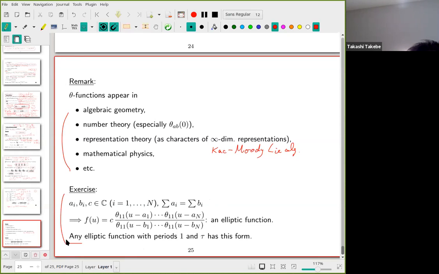Actually, this is a very easy exercise if you know periodicity of thetas.